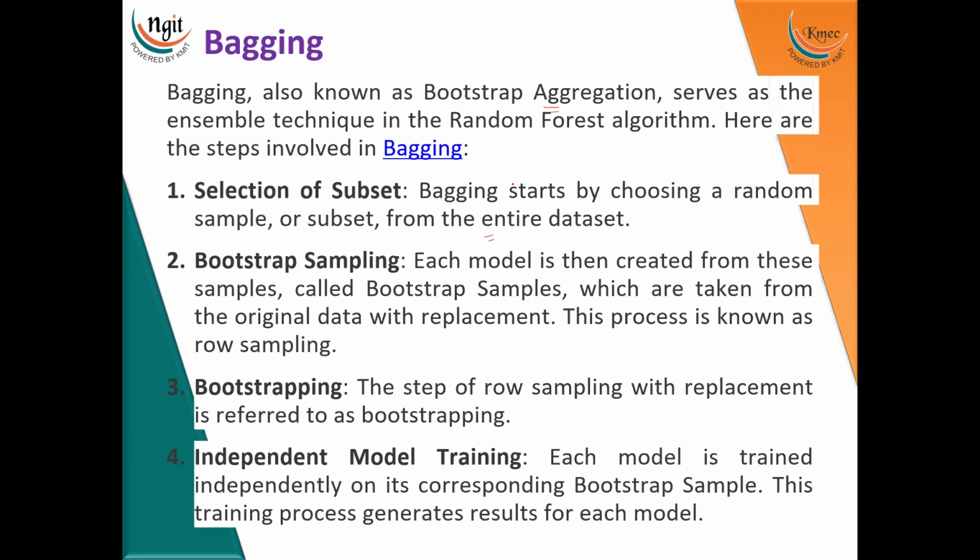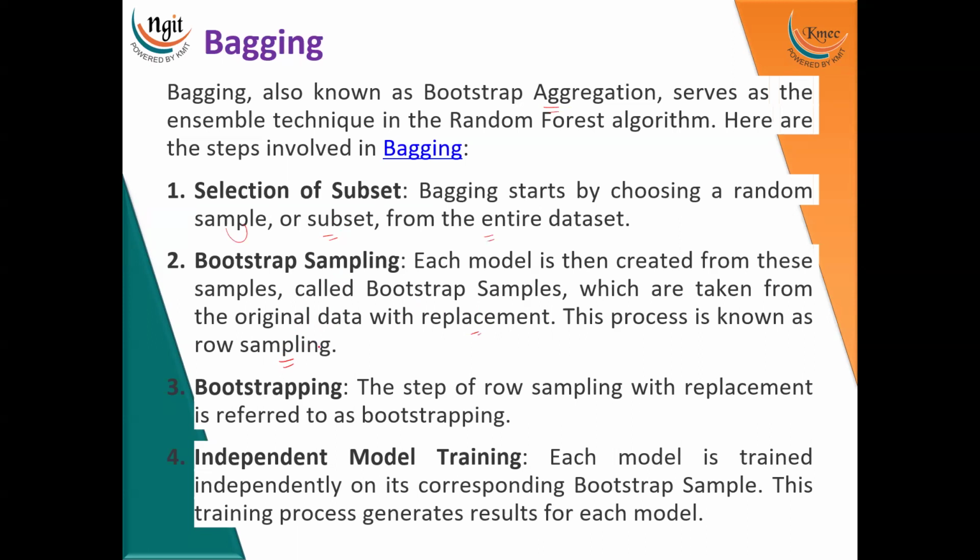So bagging starts by choosing a random sample or subset from the entire data set. Then the bootstrap sample: each model is created from these samples, which we call bootstrap samples, which are taken from the original data set with replacement. That is why this process is called row sampling. From the original data, we are taking some samples, but with replacement.